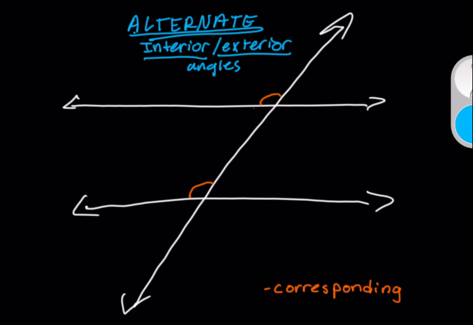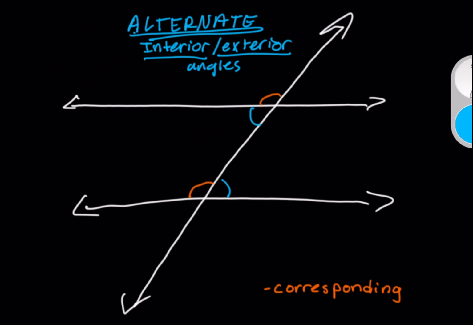So the interior one would be, let's say, this angle. And the alternate, also on the inside of the parallel lines, is this angle right here. As you can tell, they're congruent because, if we think about adjacent and vertical angles, this angle right here would be corresponding to this angle right here, which is the vertical angle to this angle.